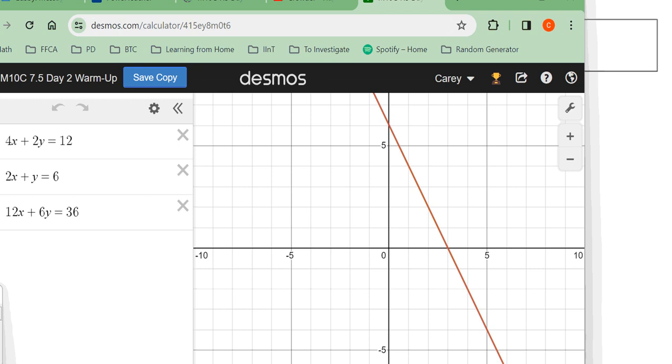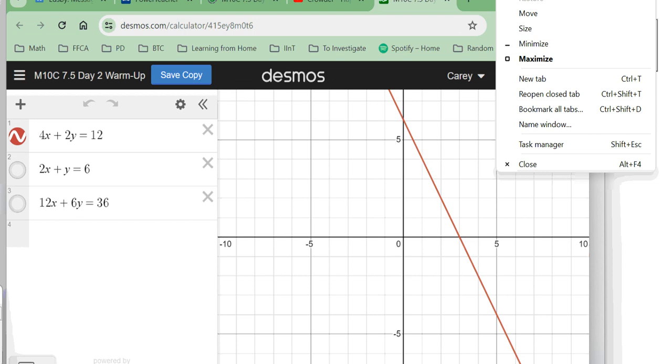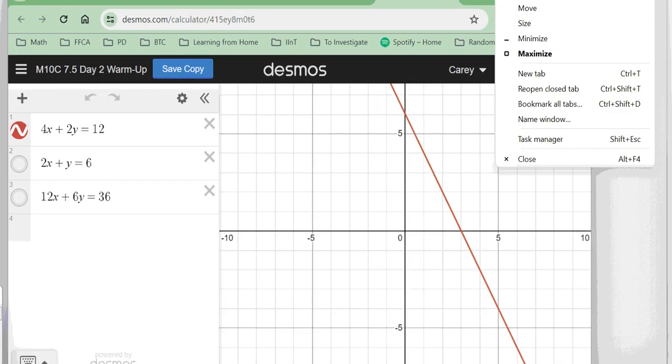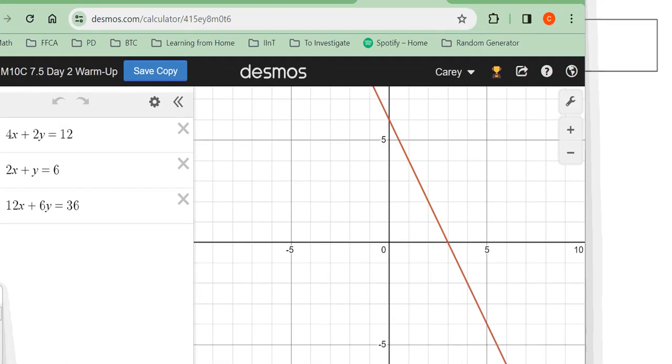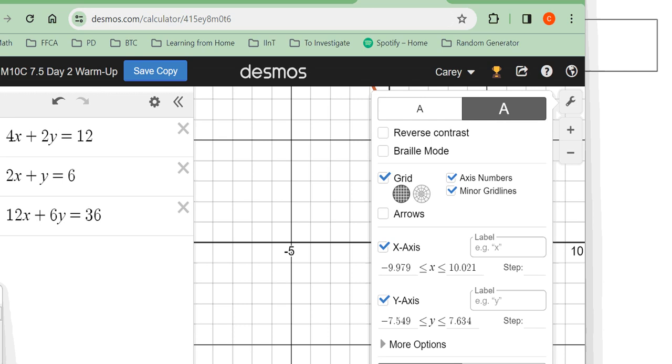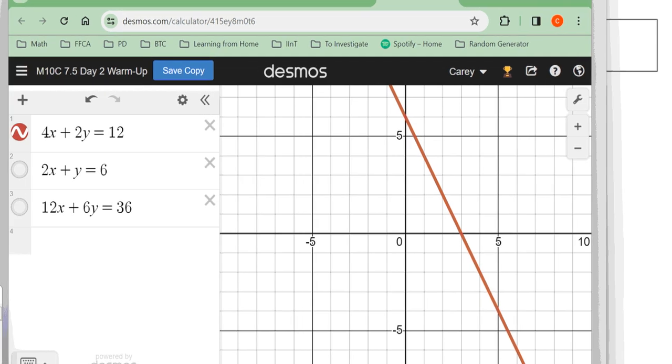You can see that I have 3 equations written down. Right now we're only seeing the 4x plus 2y equals 12, and you can see that's the equation that's highlighted. Let's make this a little bit bolder, easier to see. So now I'm going to highlight my second equation.